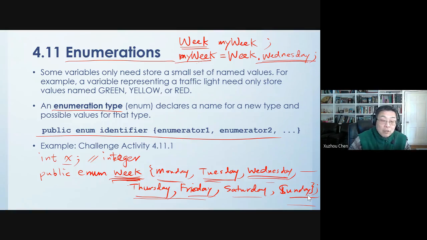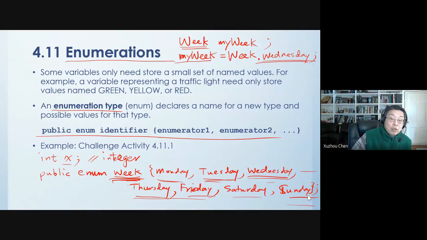So an enumeration type is useful when I want to define a variable which only takes a limited number of values. For example, I can define an enumerated type called month. Then the value of this new enumerated type only has 12 values, right?